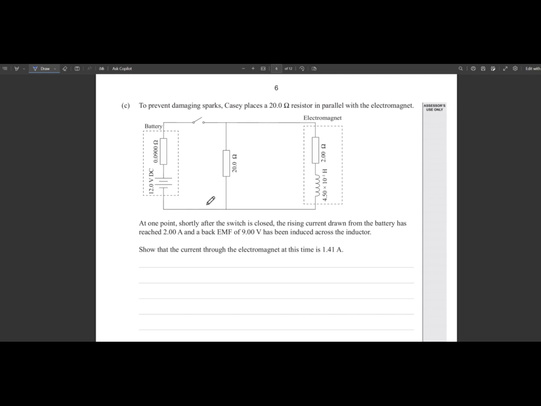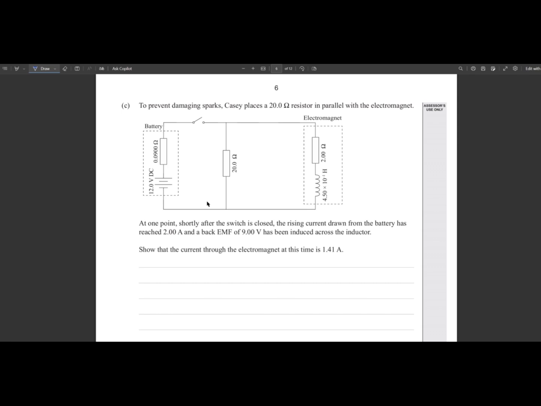Okay, to prevent damaging sparks, Casey places a resistor in parallel with the electromagnet. Okay, so this is a Kirchhoff's question.